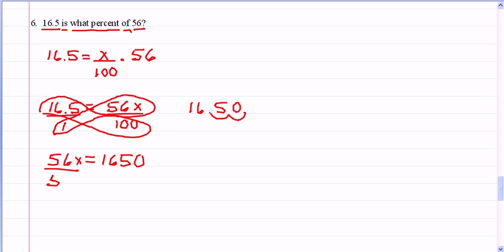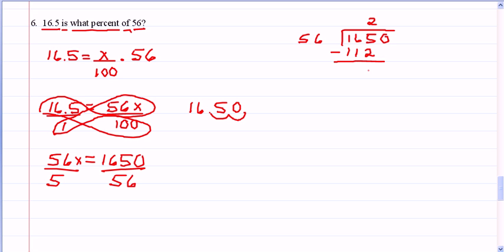And then I divide both sides by 56. So on the side here, I will take 56 and divide it into 1650. So starting with 165, 56 times 2 is equal to 112.